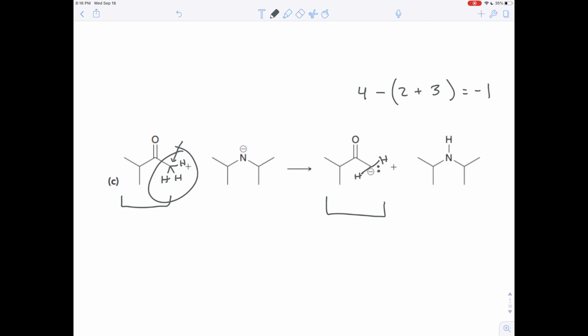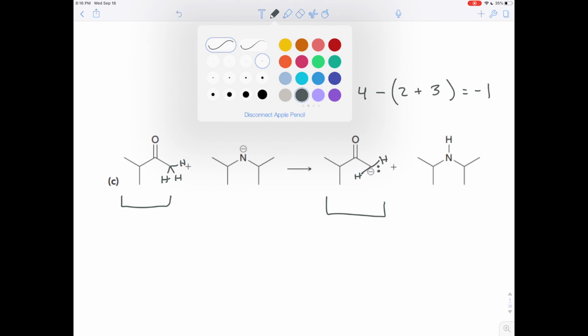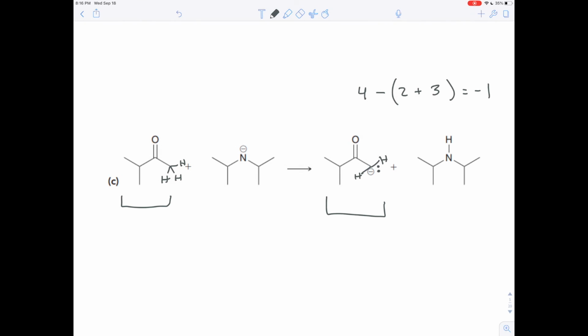So notice you start with 3 hydrogens and you only end up with 2. So in this case, the hydrogens are being stolen from that carbon. So first step is to identify the acid, base, conjugate acid, conjugate base. Here this has those 3 hydrogens. Here there's just 2 there on the right carbon, rightmost carbon.